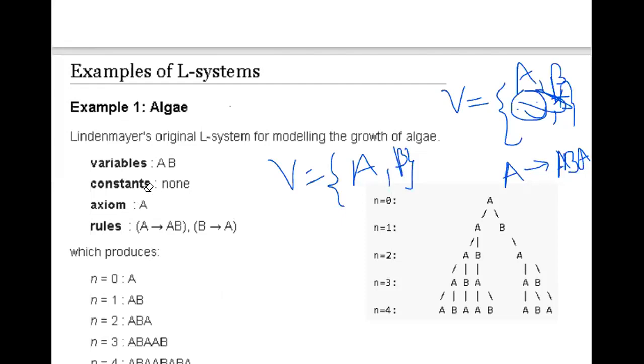Okay, so this is the axiom. Axiom is A, which is our initial word. In mathematics, without an axiom, you cannot prove theorems, so axioms are very important.